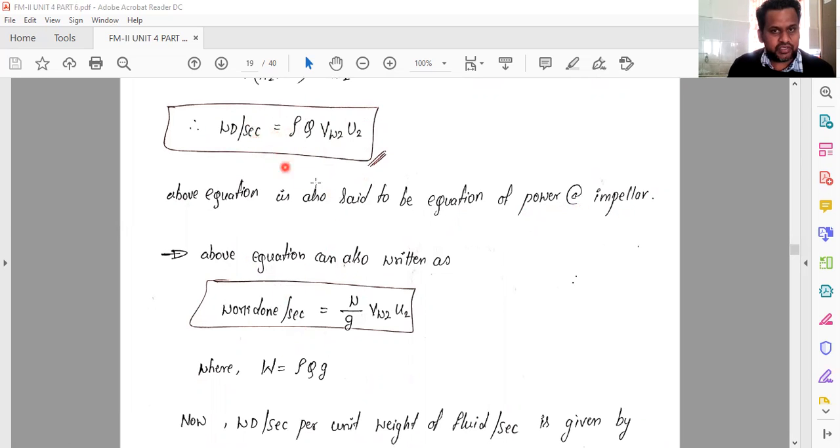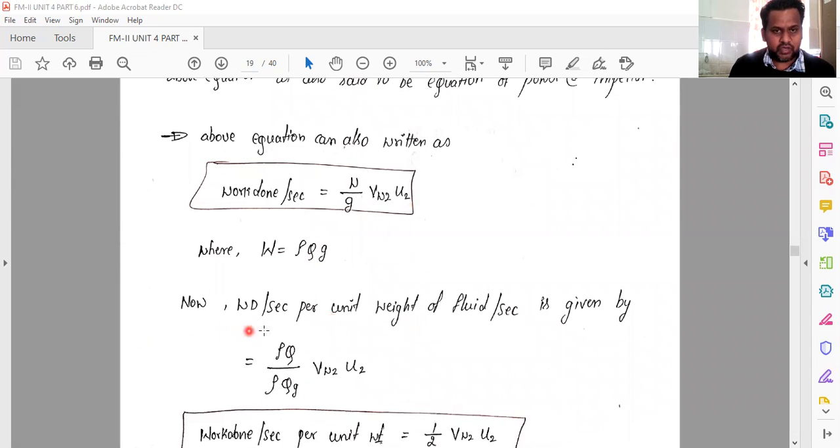Now the above equation can also be written in another form. W is equal to rho into Q into g, or W by g is equal to rho into Q. So instead of rho into Q, write W by g into VW2 into U2. So work done per second per unit weight of fluid is given by this.